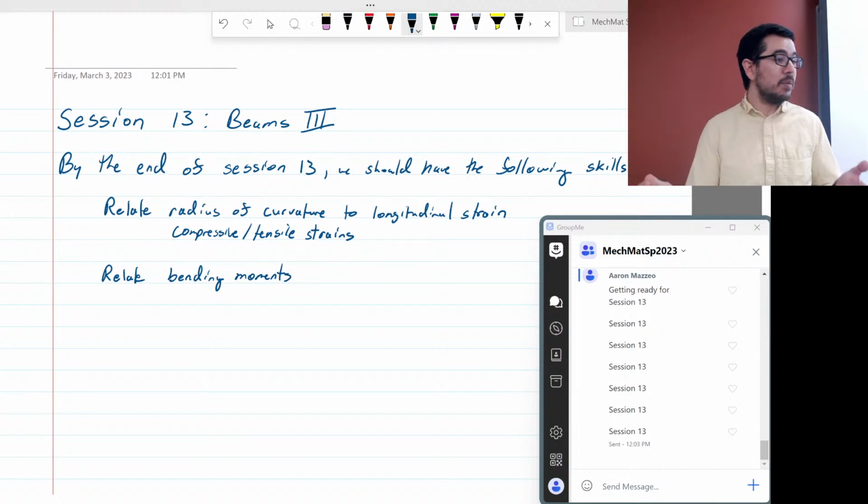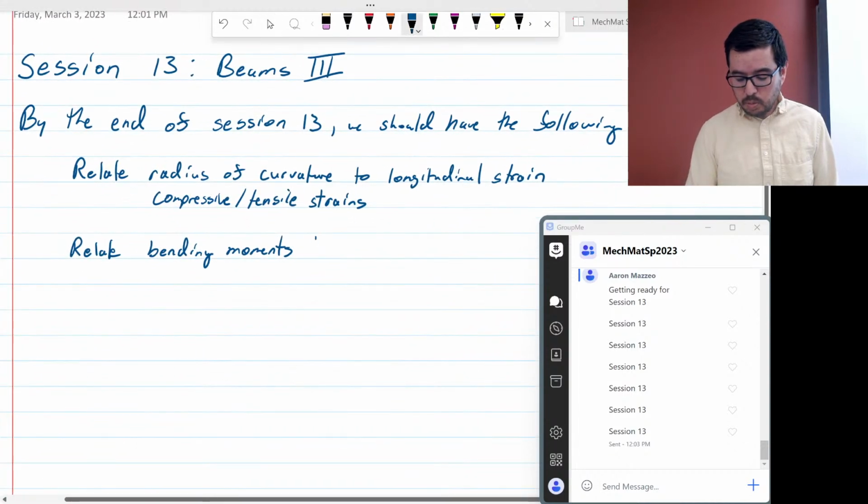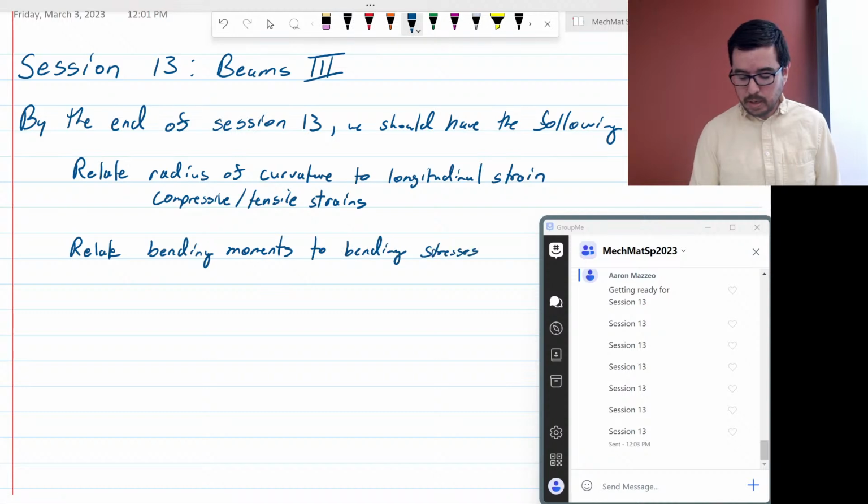We're talking about beams, of course, so we're talking about transversely loaded beams. Relate bending moments to bending stresses. These can be compressive or tensile.